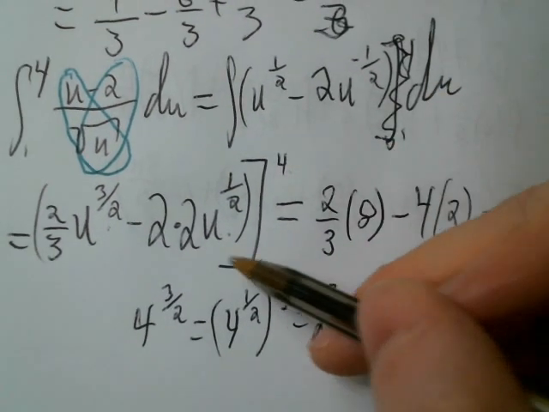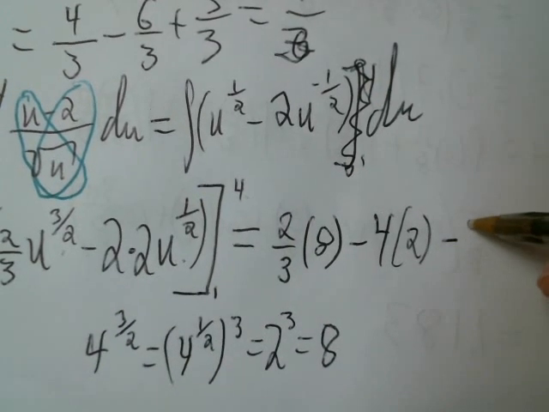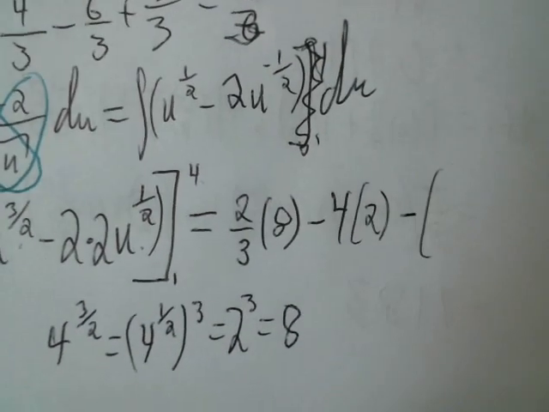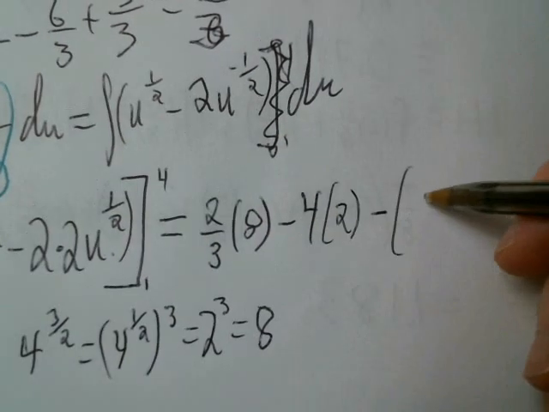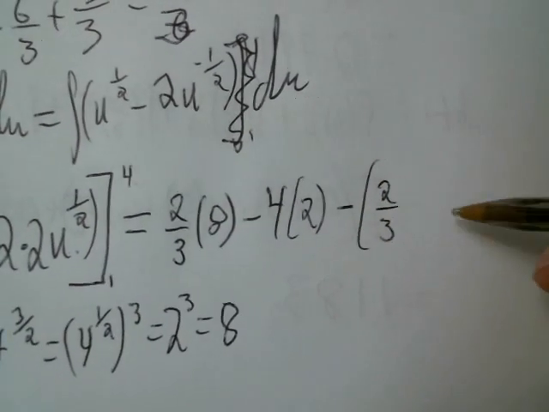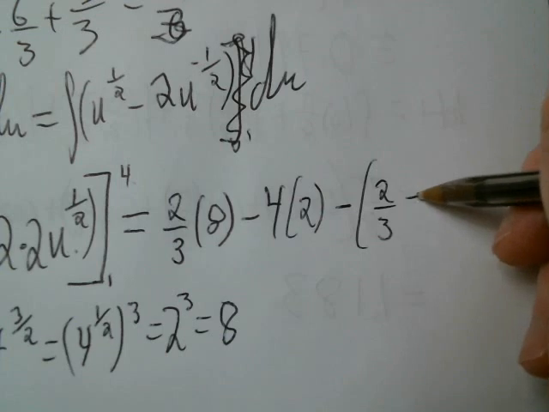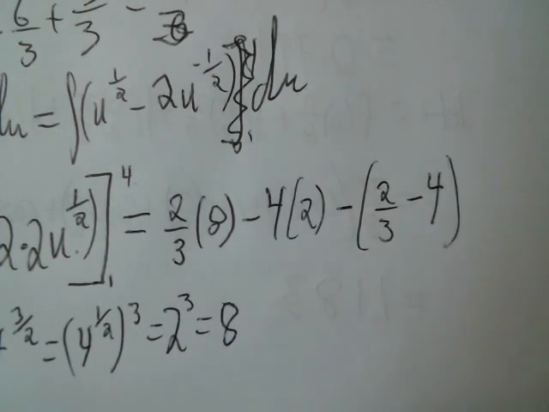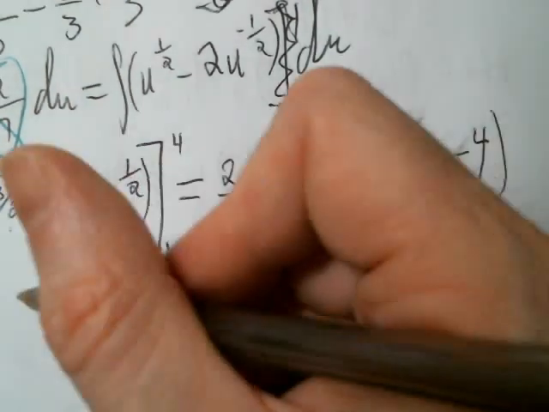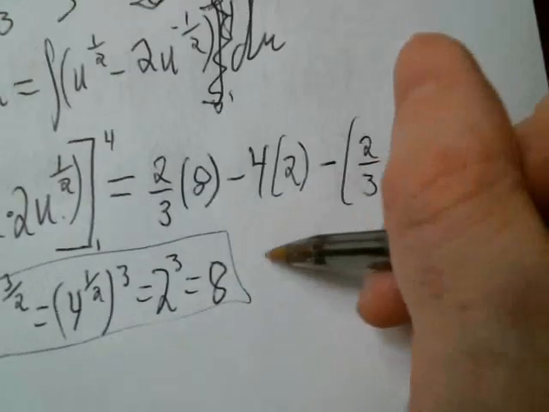Minus. Now I'm going to plug 1 in for u in both cases. And don't forget your parentheses. You have to distribute this negative to both terms. So I'll have 2/3 times 1 to any power is 1, so it's just 2/3, minus 4 times 1 to any power is just 1, so 4 times 1 is 4. Okay.